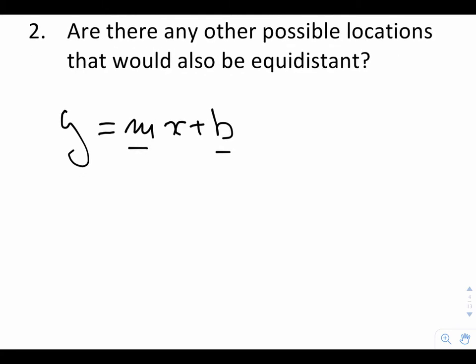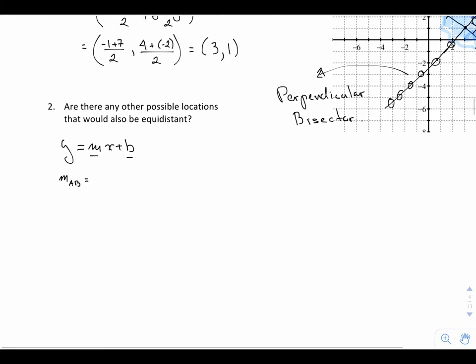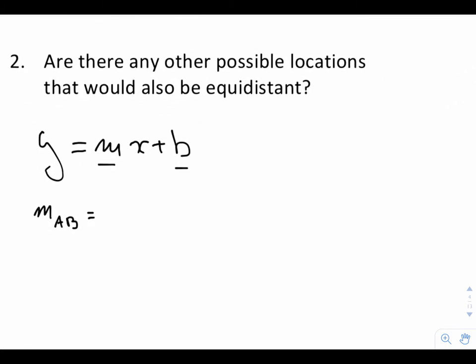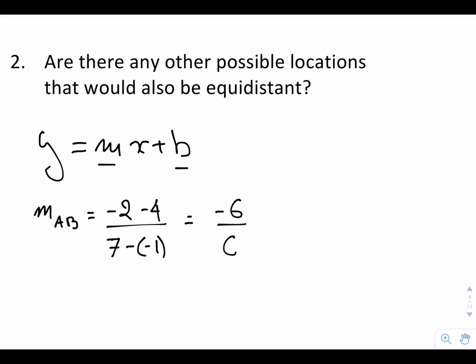So the slope of AB is going to equal, and I'm going to forego the formula and go right into substituting in my points. I have -2 minus 4, so y2 minus y1, over 7 minus -1, x2 minus x1, which gives me -6 over, not 6, it'll actually be over 8, which gives me -3 over 4.